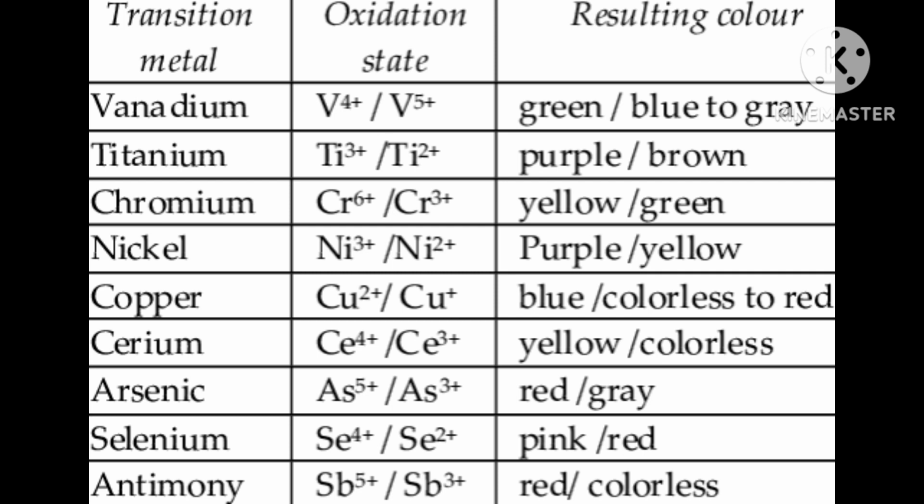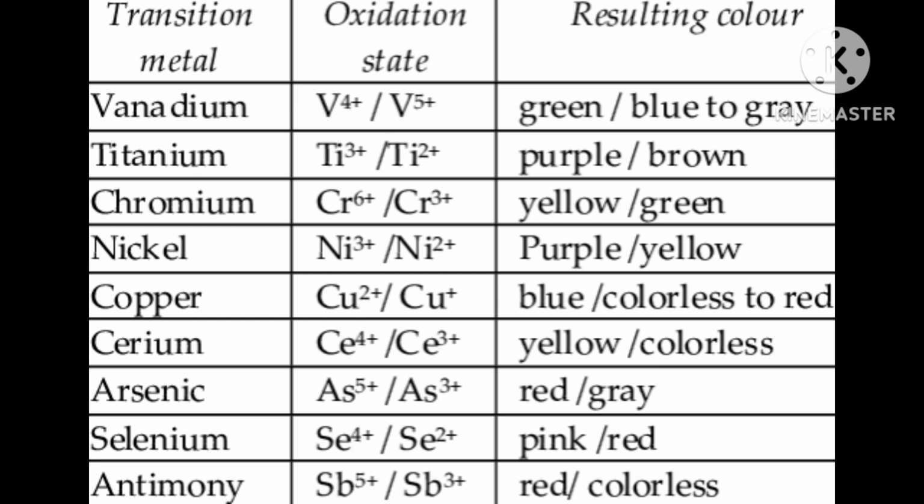Then if you write the electronic configuration, the divalent ion with atomic number 25 in aqueous solution will have d5 configuration. d5 configuration means 5 unpaired electrons.